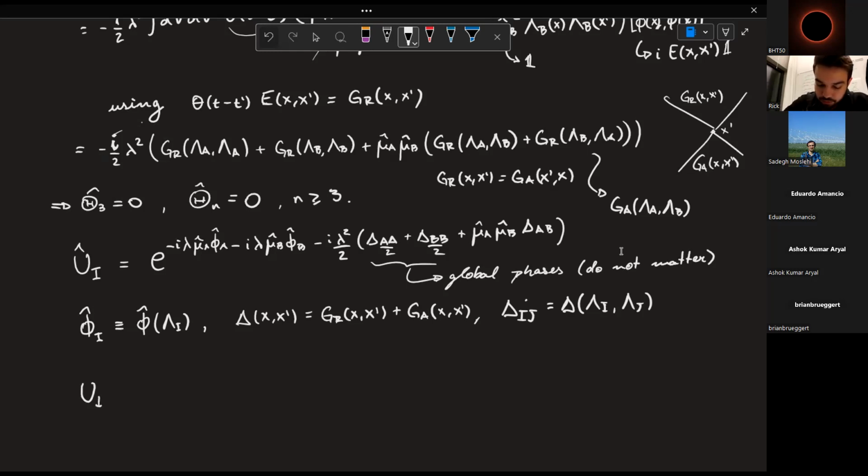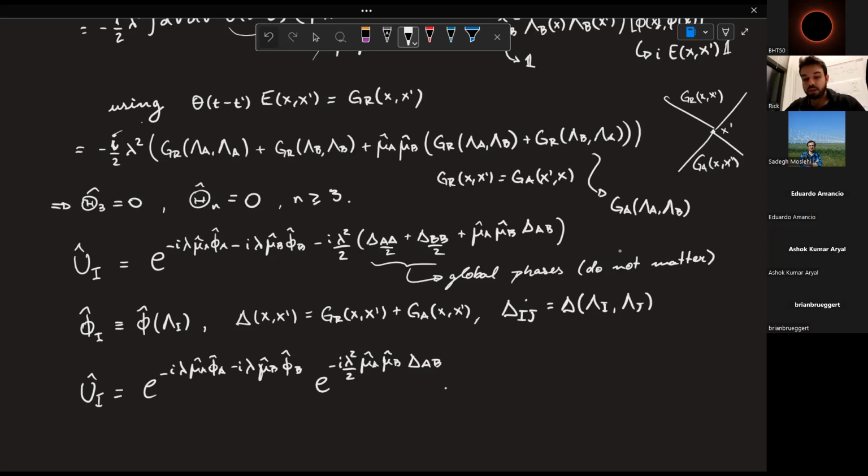And our unitary, U I, can then just be written as e to the minus I lambda mu A phi A minus I lambda mu B phi B. And we also get another term which commutes with these two, so I can just factor it as e to the minus I lambda squared divided by 2 mu A mu B delta AB.